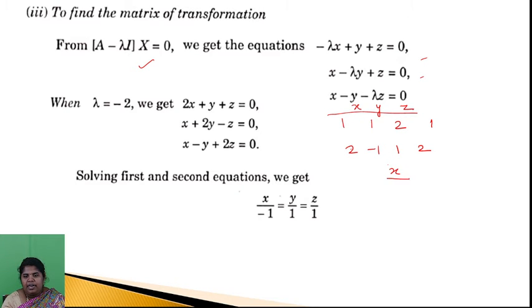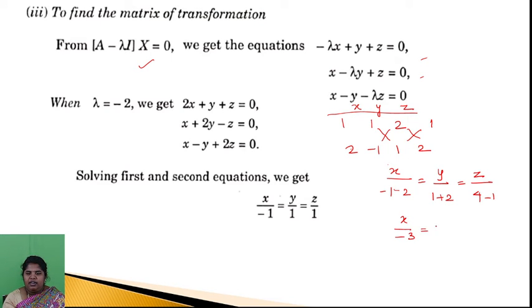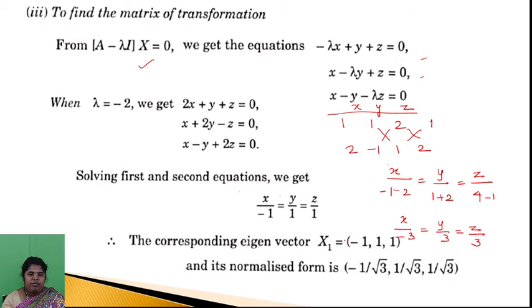So x divided by minus 1 minus 2, y divided by the cross multiplication of these two terms, 1 plus 2, z divided by the cross multiplication of these two terms, 4 minus 1. Which gives x by minus 3, y by 3, z by 3. So divide throughout by 3, we get minus 1, 1 and 1. So the corresponding eigenvector is minus 1, 1, 1.